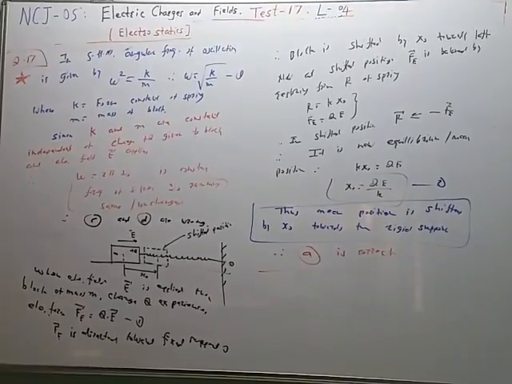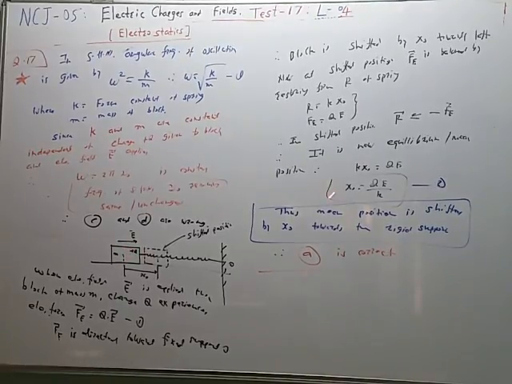Now, in this problem, if the charge given to the sphere is minus q, what will be the result? Now, the electric force Fe will be equal to minus q into E, so the force will be in this direction. So, in that case, the spring will be elongated. So, the new shifted position will be on this side. And in this position, the restoring force is balanced by the electrostatic force. The value of x0 will be same, but only it will be towards right, means away from the support.